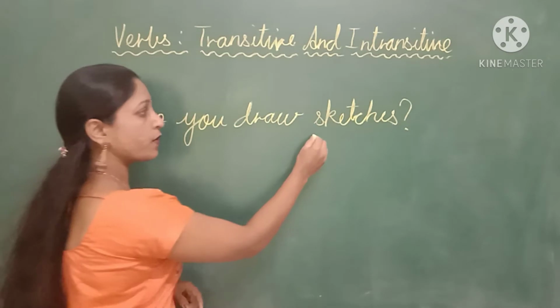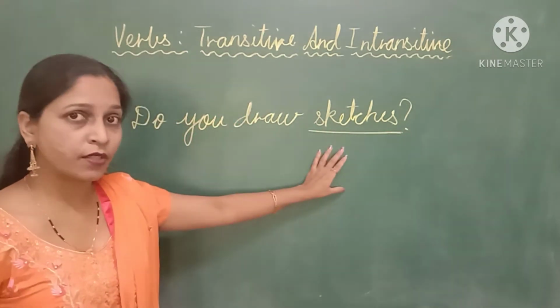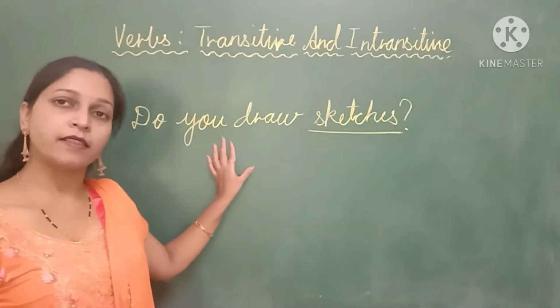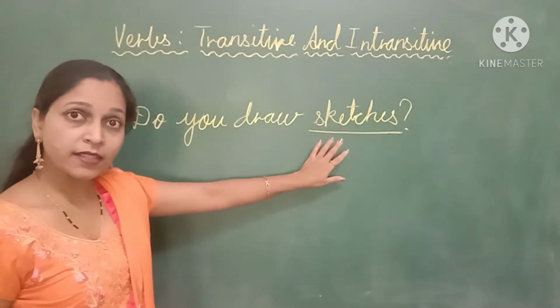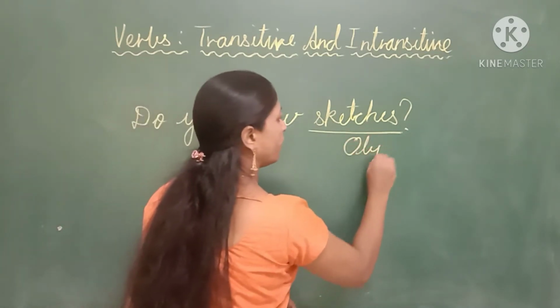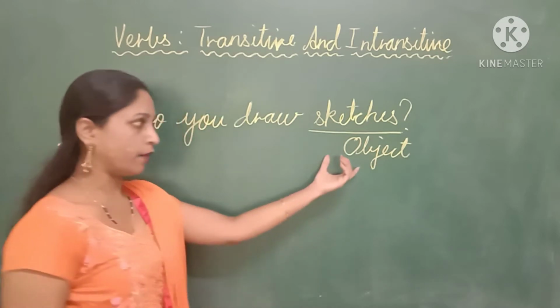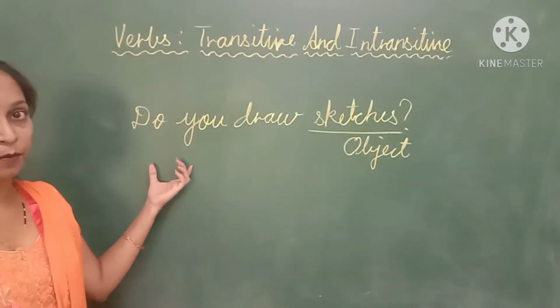If you see the word sketches, if this word is not there, the sentence sounds incomplete. So the word sketches is the object of the sentence, and without the object this sentence sounded incomplete.